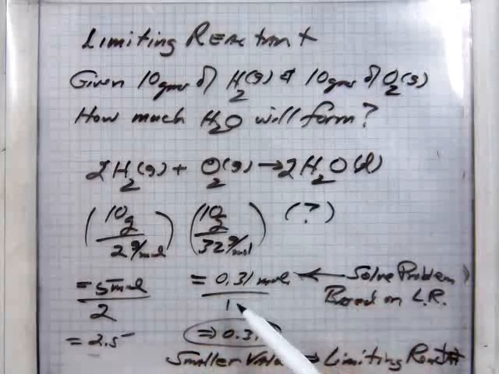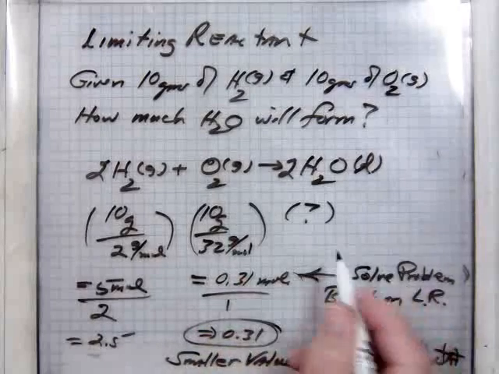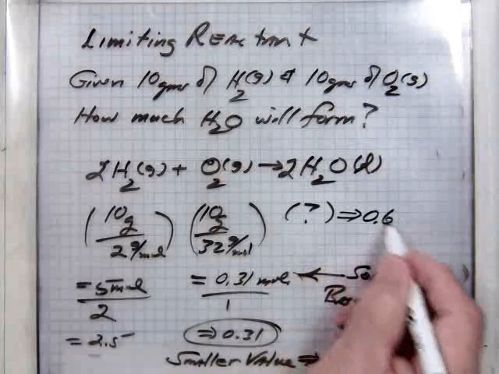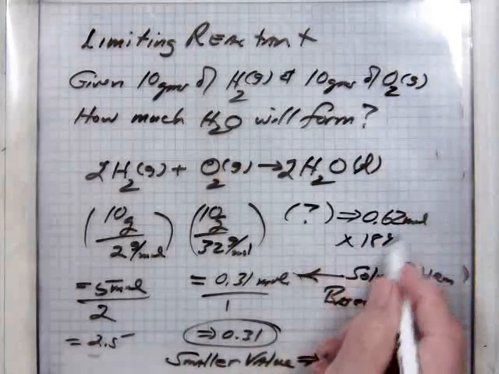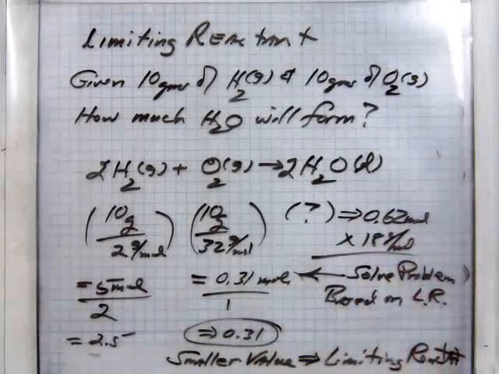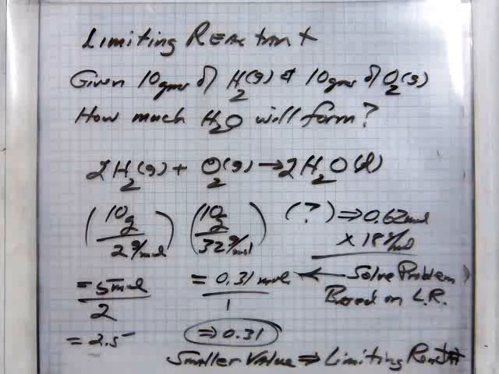And if we've given 0.31, we simply double it, and the yield would be 0.62 mole. And if we need grams, times 18 grams per mole, because the formula weight, whatever that gives us, I think 11.25 grams.